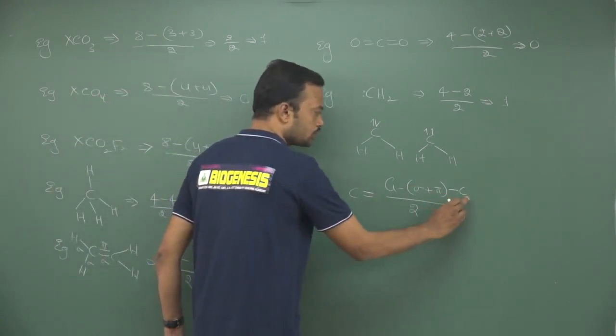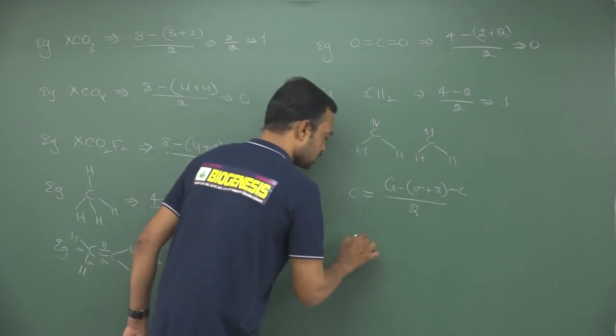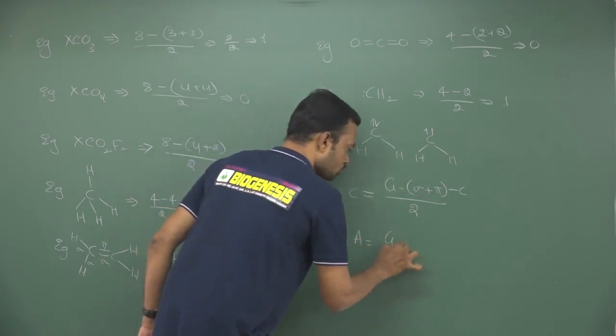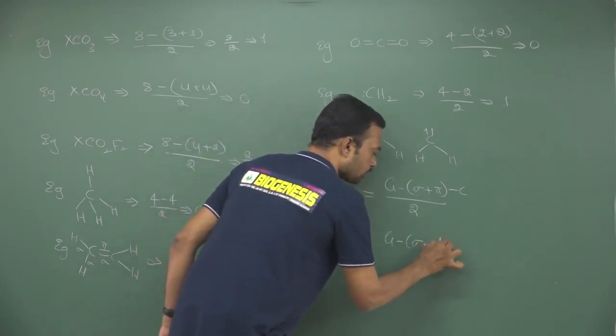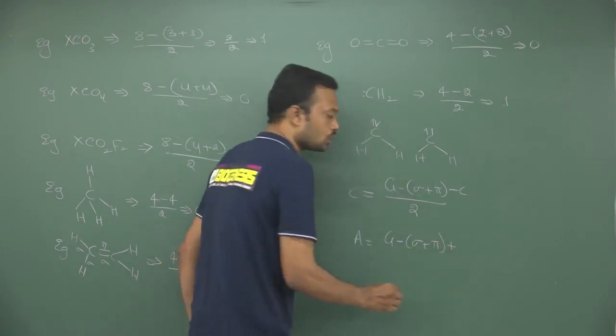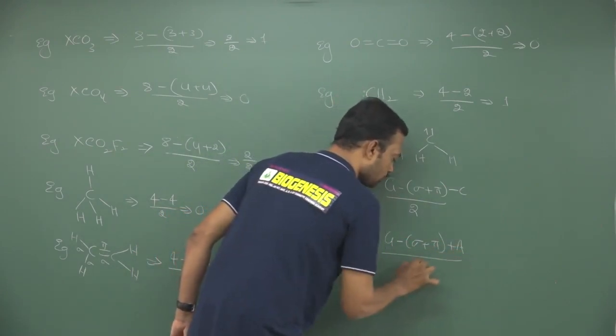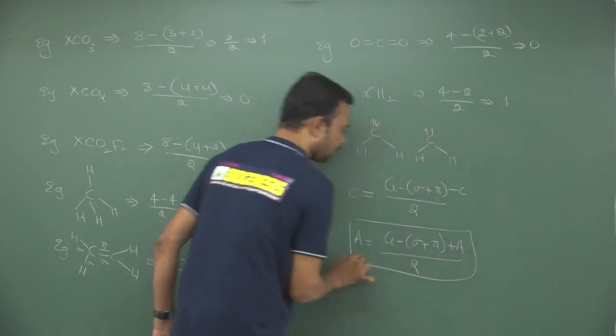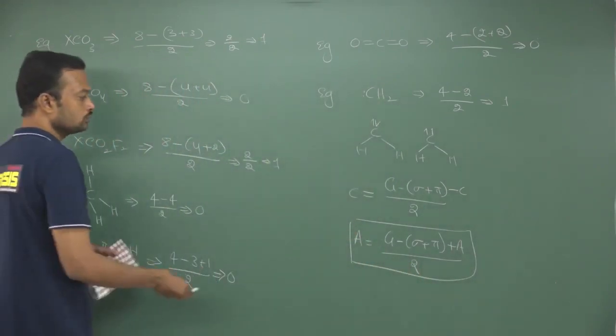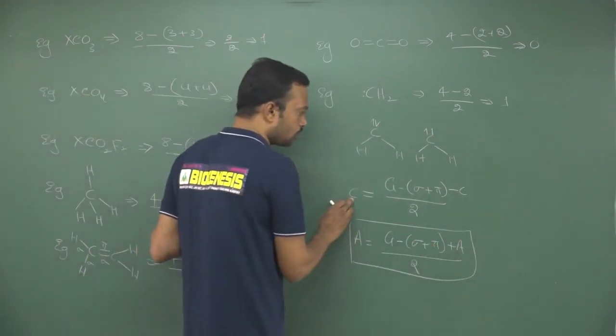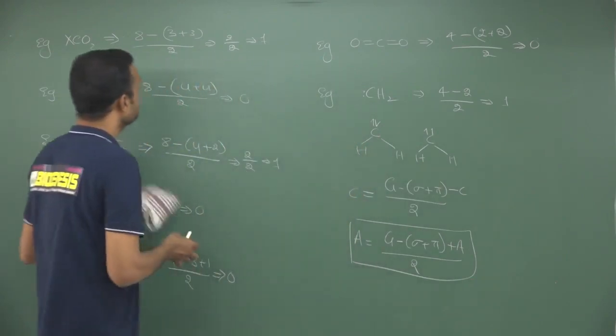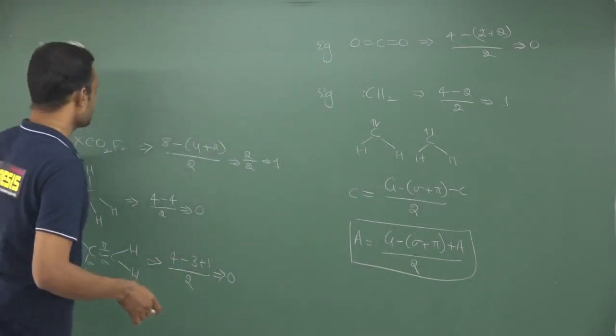We need to write the charge over here, then we can get the answer. Suppose it is an anion: group number, total number of sigmas, total number of pi's, and just add the charge of the anion present on the molecule, divided by 2. Same formula. Charge on anion, simply add electrons. Charge on cation, simply remove electrons. That is the answer. I will show with some examples.